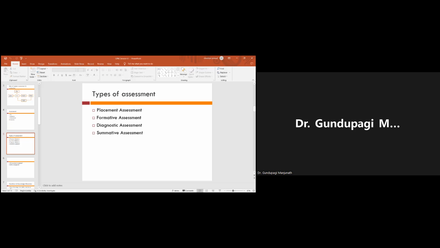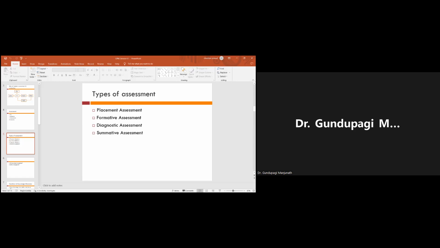Sometimes assessment happens at the time of classroom instruction. Sometimes assessment happens before the class, in between the class, or after the class. And what we are doing is interpreting those results. This is how we use the assessment.